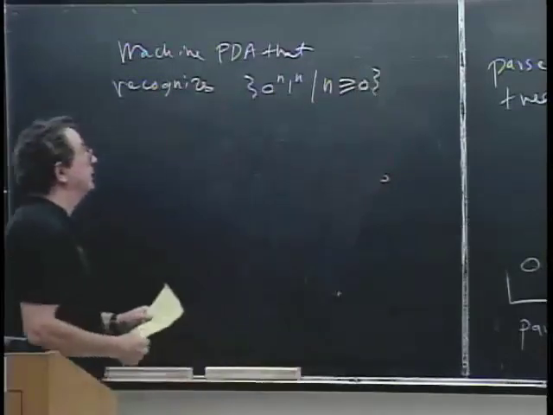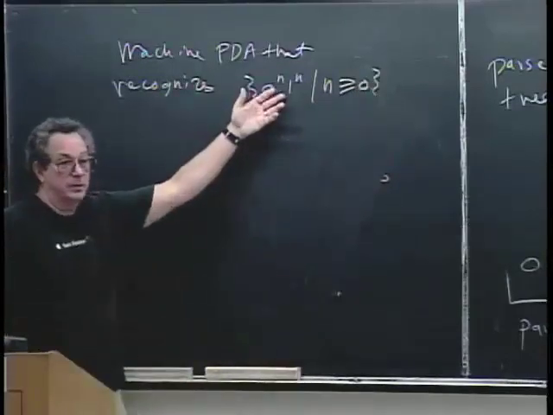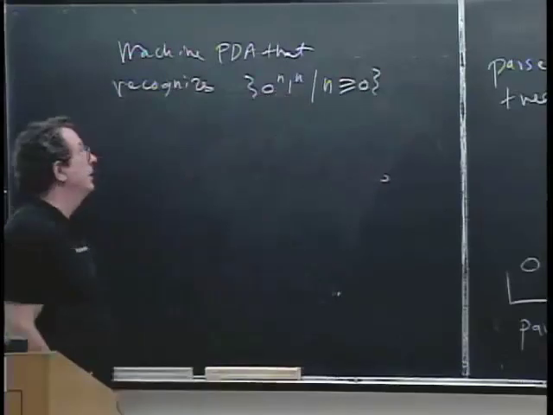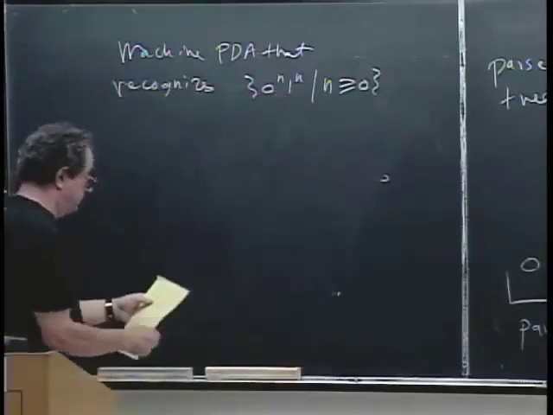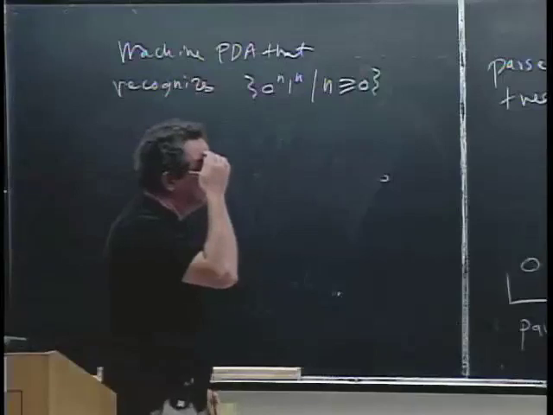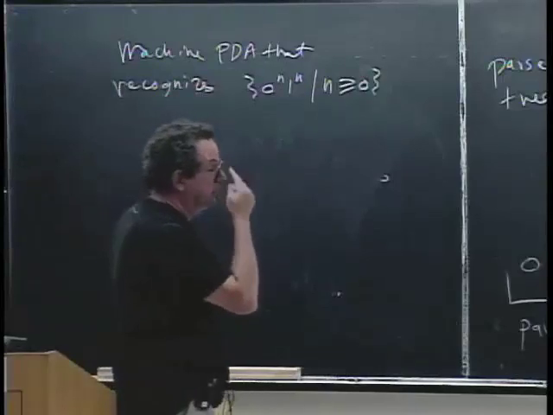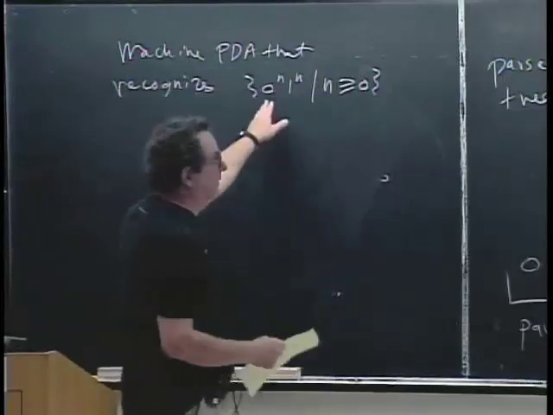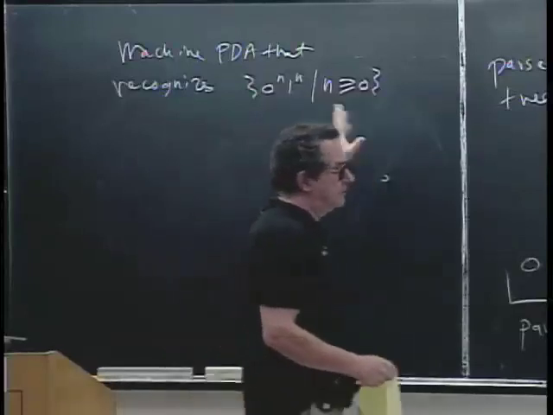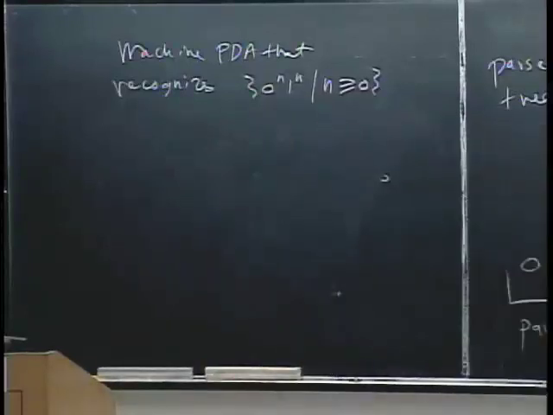So this is our old familiar language, which we know is not regular. But now let's specify a PDA that can actually recognize this. Actually, before I do that, anybody have an idea?